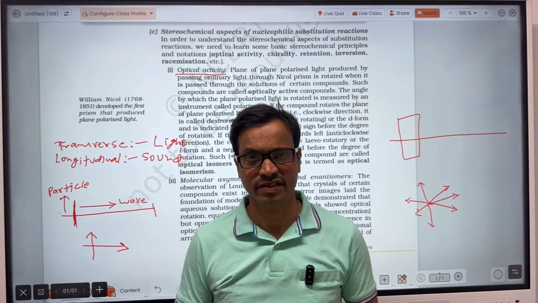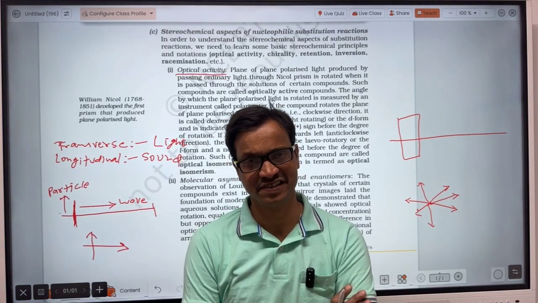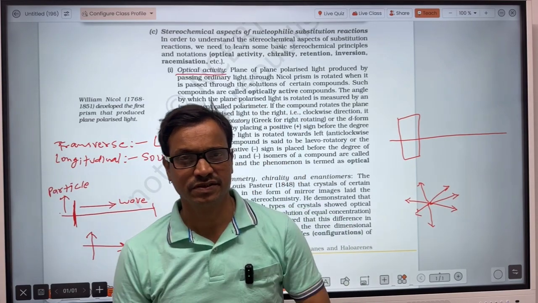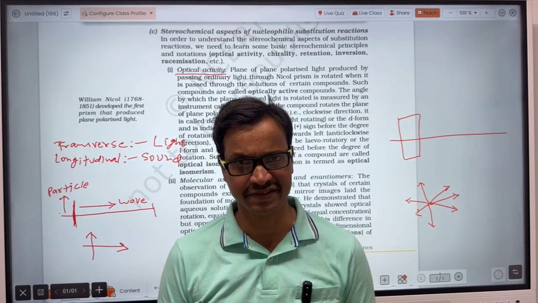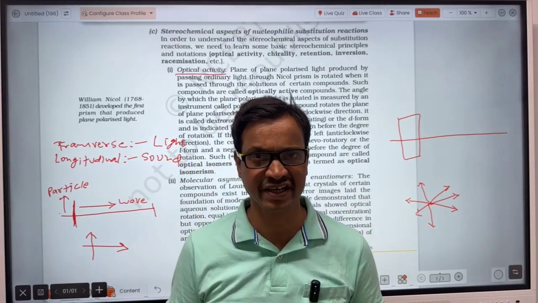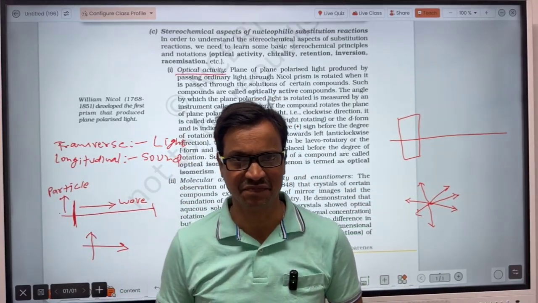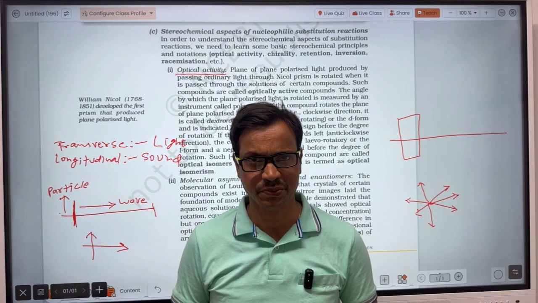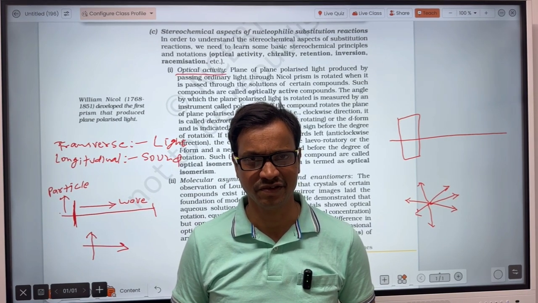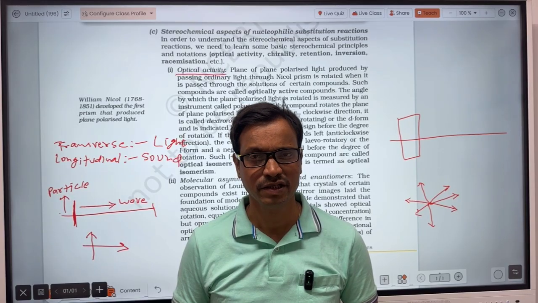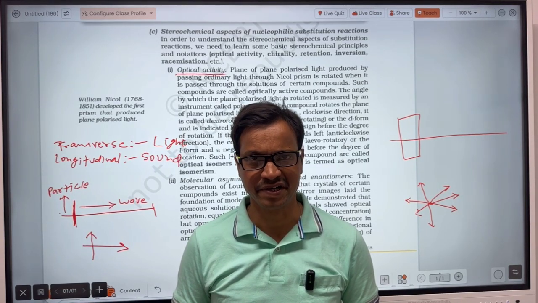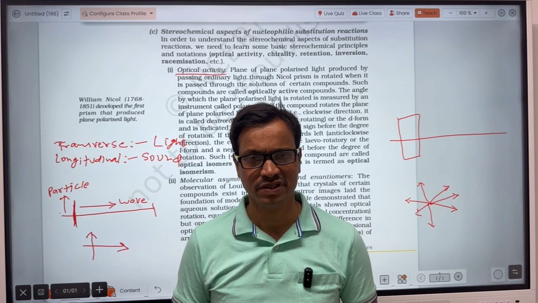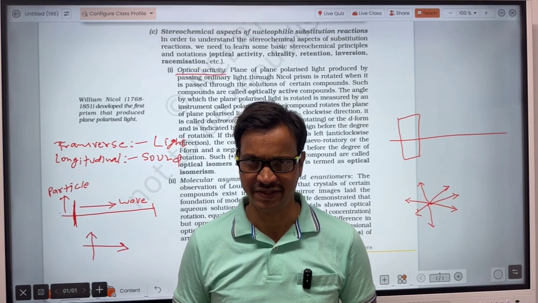I am talking about ordinary sources of light, like the sun, stars, candles, and so on. In ordinary light, the constituent particles vibrate in all the planes perpendicular to the direction of propagation of the wave.